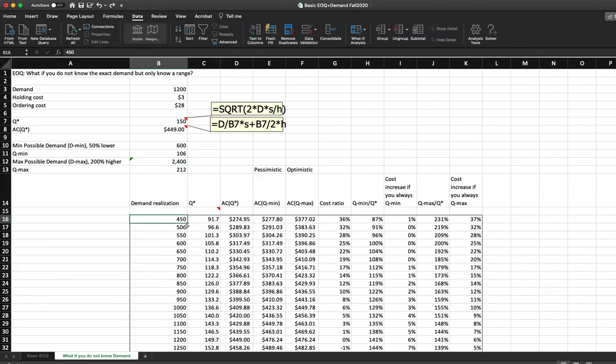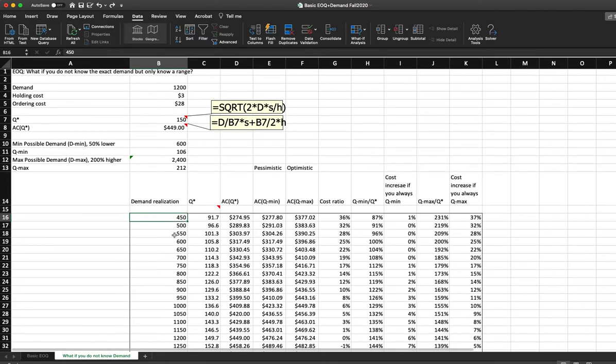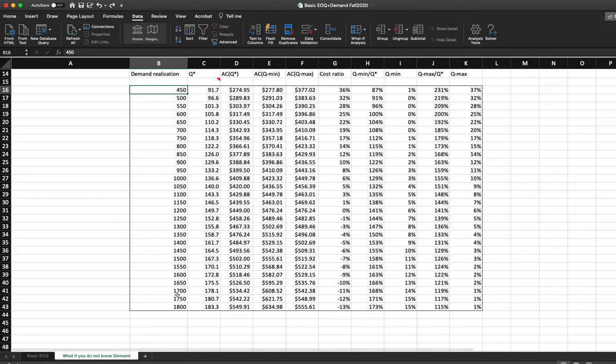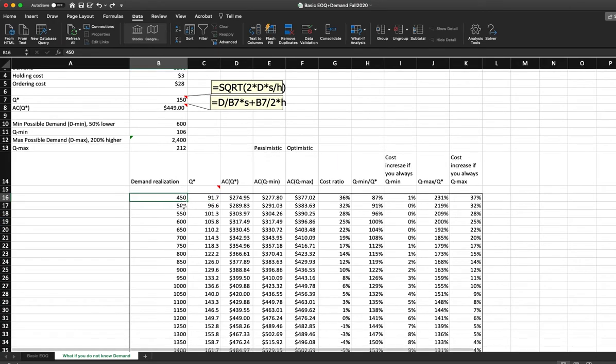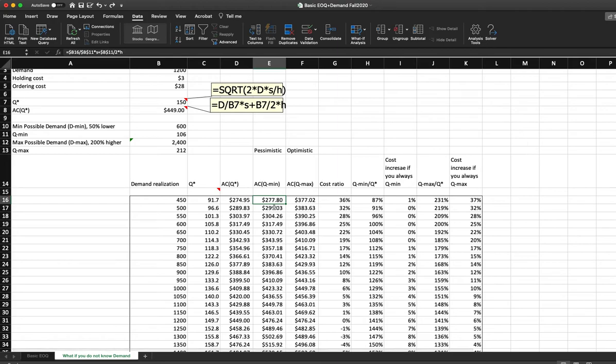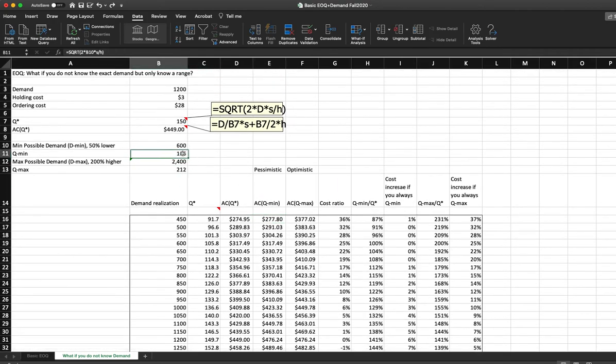Now, let's also assume the true demand can vary. Here I set up, say, from as low as 450 to as high as 1800. Of course, you can do other quantities, but let's see what it means here. If demand is 450, the real EOQ should be 91.7 and the cost should be 274. Now, the pessimistic manager would order 106.